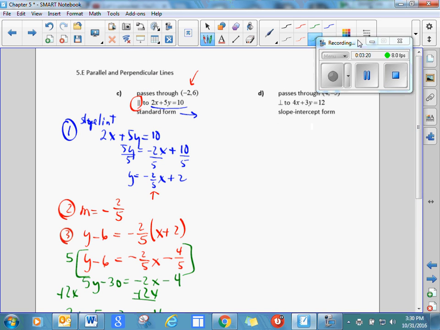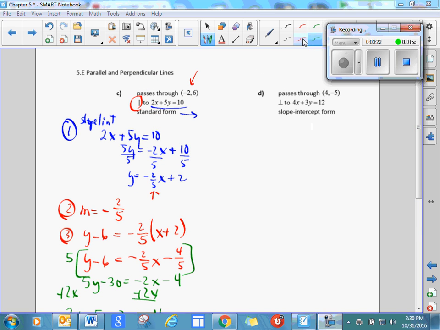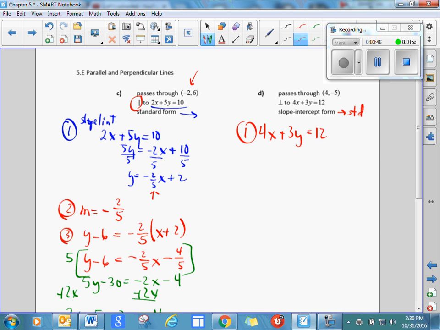Let's go back up and look at this one. They're asking us to create a line that's perpendicular to this comparison line, and they give us a point on our new line. And they say they want it in slope-intercept form, but we're also going to go to standard form. More practice. All right, so our line, 4x plus 3y equals 12, is not in a format where we can determine what the slope is.